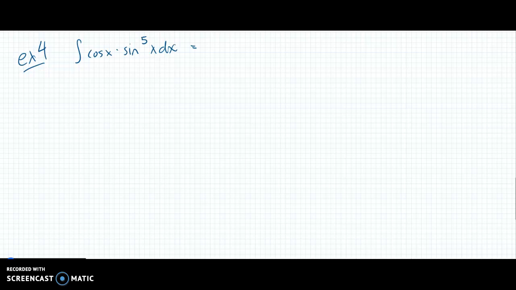So this is the integral of cosine of x times sine x inside of a bracket, to the fifth dx. So if you want to try it from here without my help, go for it. I'll give you another timestamp for when you can get your answer a little bit later. If you want to listen, you can listen.